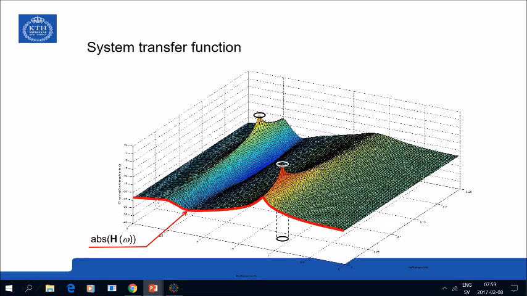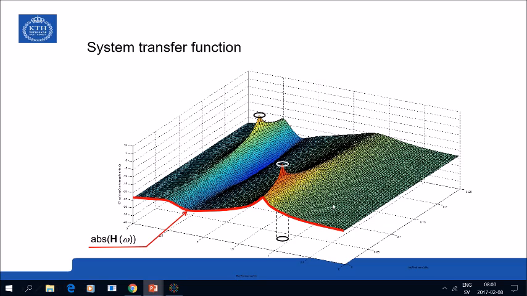Well, the red curve here is the absolute value, but we have in principle measured the complex frequency response function. So if this function is analytic, then we can extend the validity of this function to the whole complex s-domain, except for the singularity poles, the poles.